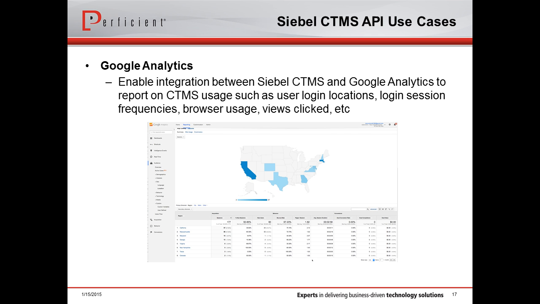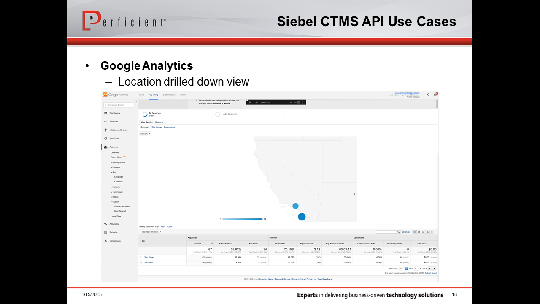We're going to look at this example live as well in the demo, but I do have a couple of screenshots just to show you some of the capabilities. So here is an example of location. You can look at different locations that are accessing the application and how many sessions are happening across the geography. Here's a drill down view.